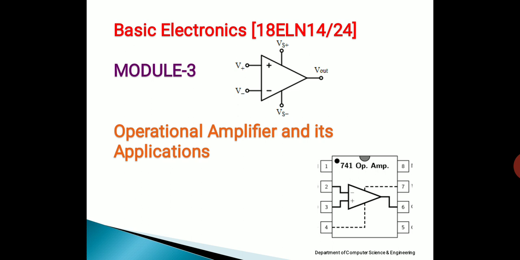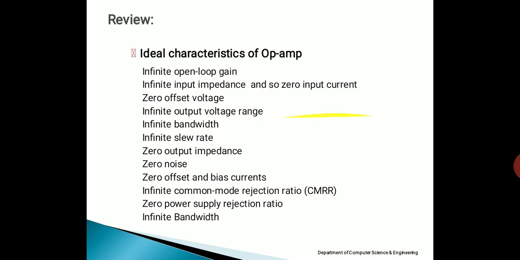We have seen the characteristics and various parameters of the operational amplifier, and also the open loop and closed loop configurations of the op amp. So we'll just have a quick review of what we have studied so far.